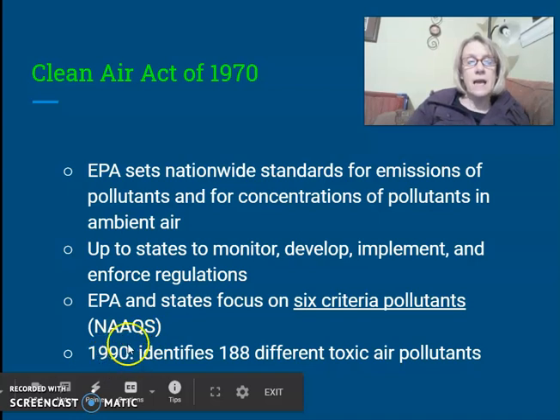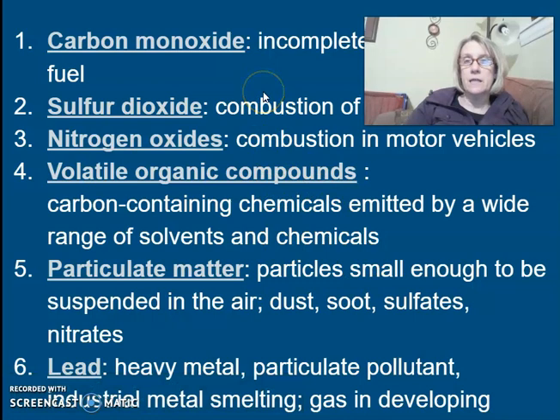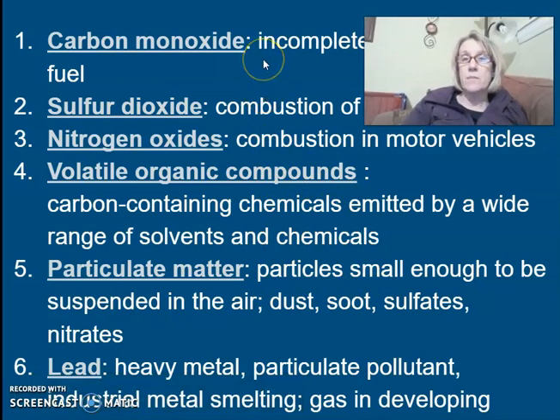And then in 1990, they added on a lot of additional chemicals that the EPA can set regulations on, as we realize that there are a lot of chemicals that people were just starting to identify and figure out that they caused problems. All right, so here are the 6 we're going to focus on. These are the 6 that the EPA monitors the emission of.